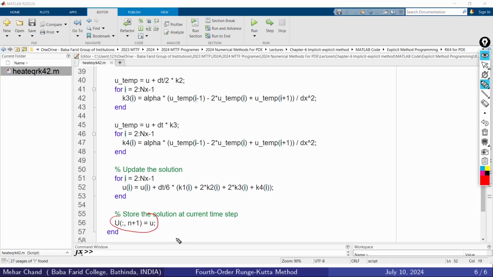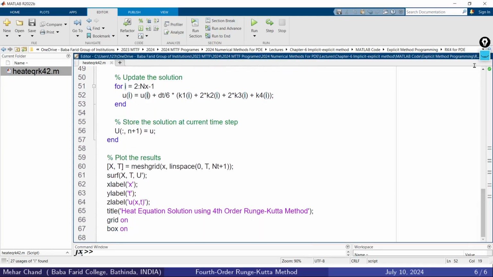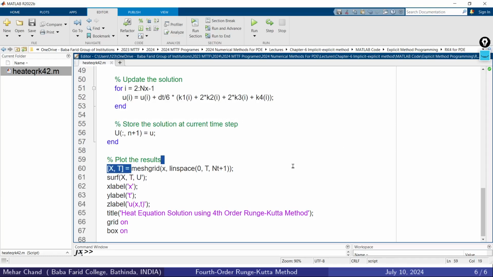So this will be our solution at the current time step, and after that we need to plot the solution. For that we use meshgrid: x, t will be equal to meshgrid of x, linspace 0 to t, nt plus 1. Then for the solution we use the surf function with x input, t input, and u transpose.